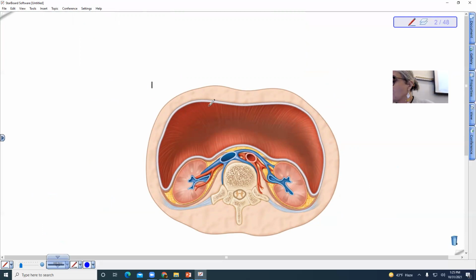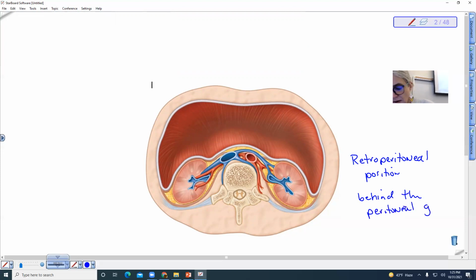So the kidneys are said to be retroperitoneal in position. So they're behind the peritoneal cavity where the abdominal organs sit.